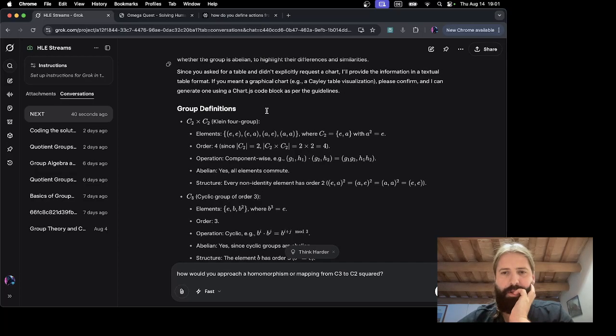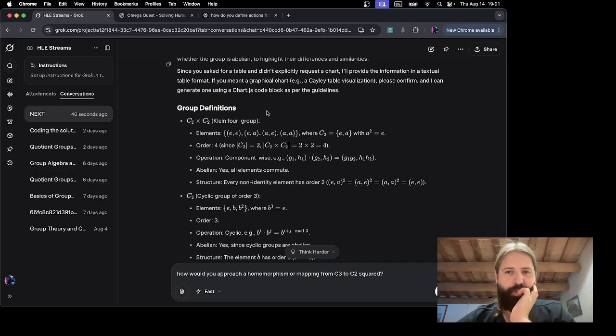And in this case, the operation is the component-wise thing. So EE times EA is EA, and EE times AE is AE. So you have those rules.